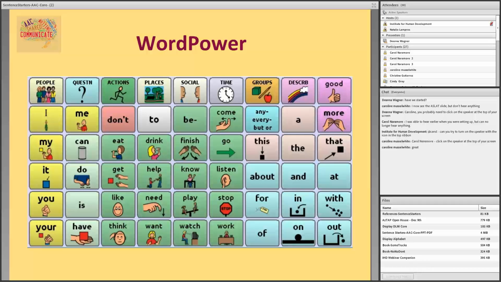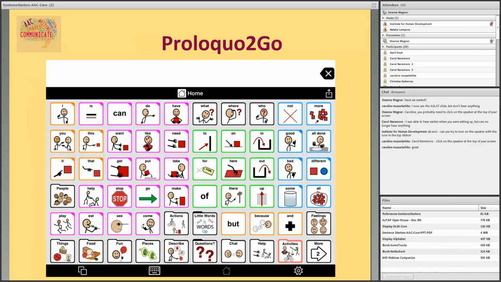So these words are represented as core words using the WordPower 42 Basic, the WordPower 48, 60, and 80. So there are a lot of different configurations that you could have on a student's personal communication system, where again we could pull out those same 40 words from the Dynamic Learning Maps set and figure out ways to use them functionally.